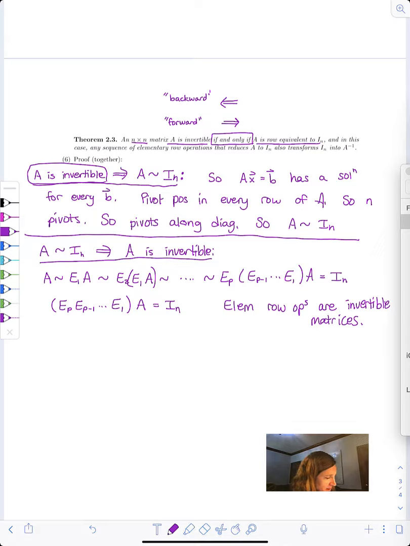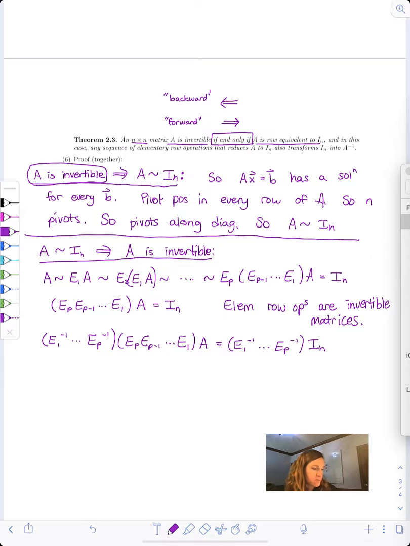So if we take the following equation, E1 inverse up through EP inverse, times this thing at the top, well, we multiplied the left-hand side of this equation by this thing. So we need to multiply the right-hand side by the same product of invertible matrices.